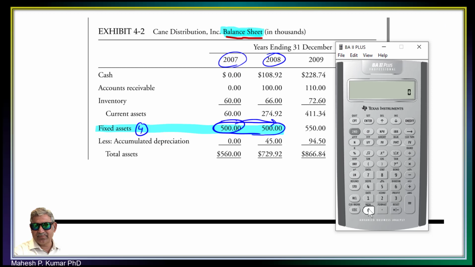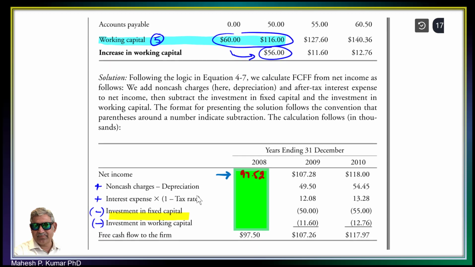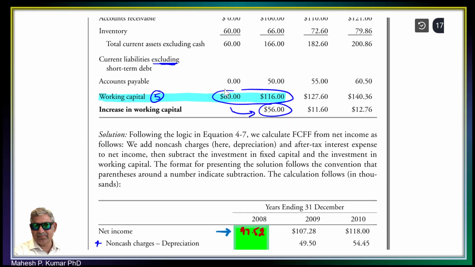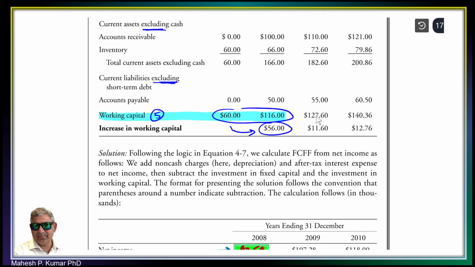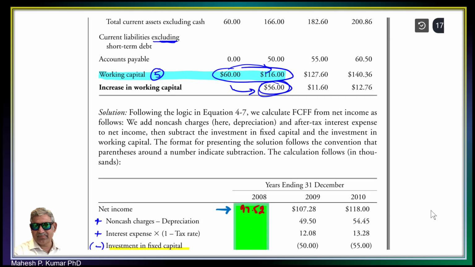And then the fifth number that we need is investment in working capital, and here it is given that over the period investment in working capital has increased by 56, so we will store this number in the fifth memory spot. So we have all these numbers now.